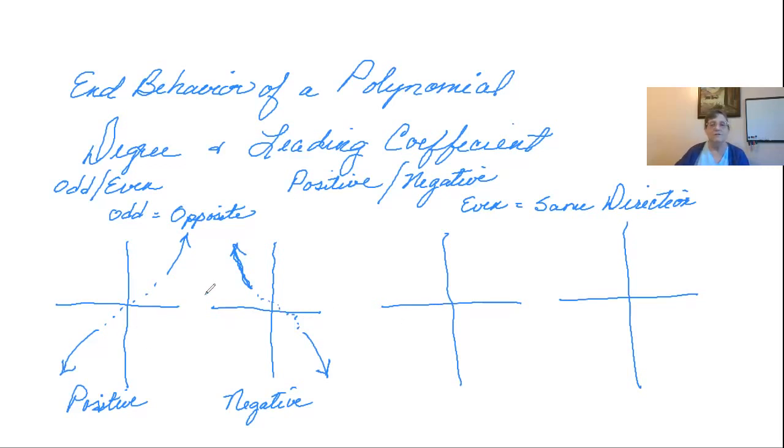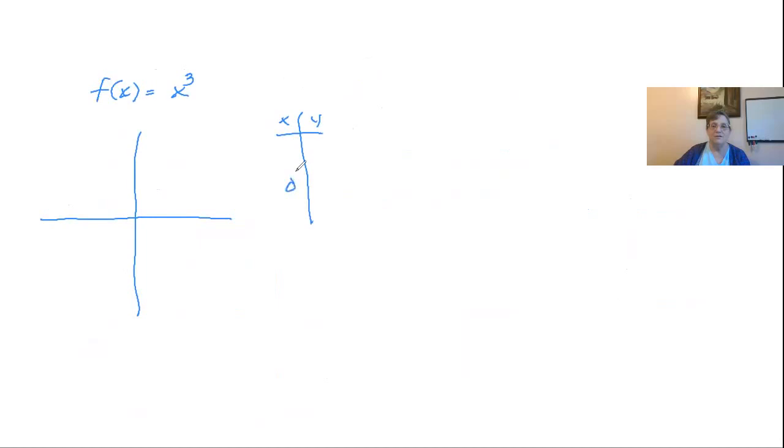So for instance, if you had a graph of f of x equals x cubed, if you think about your y values, as x goes 0, 1, 2, the y values go 0, 1, 8.